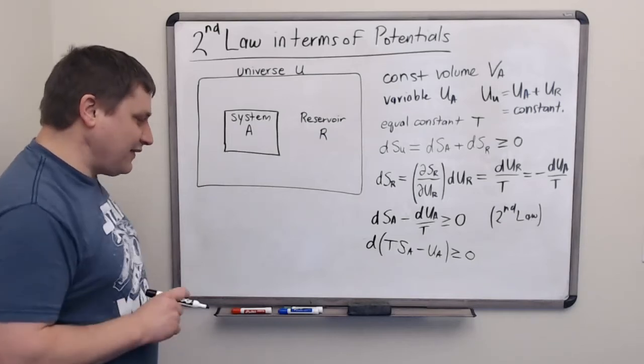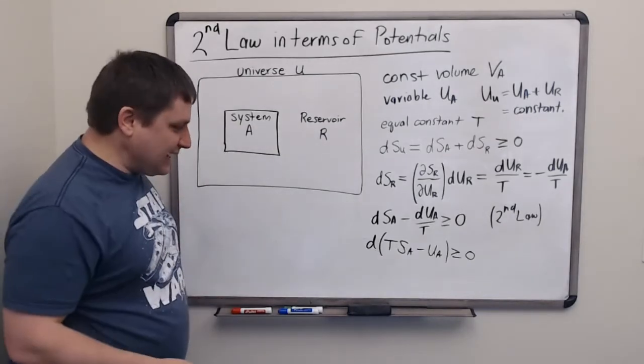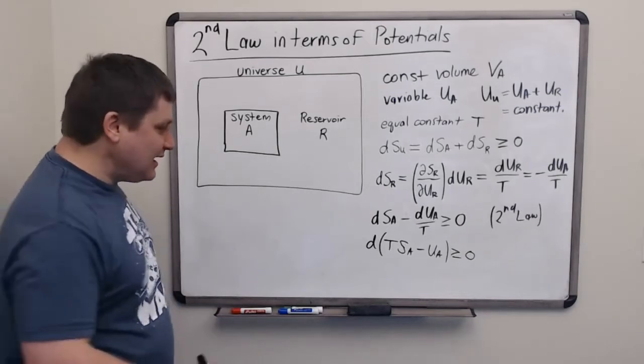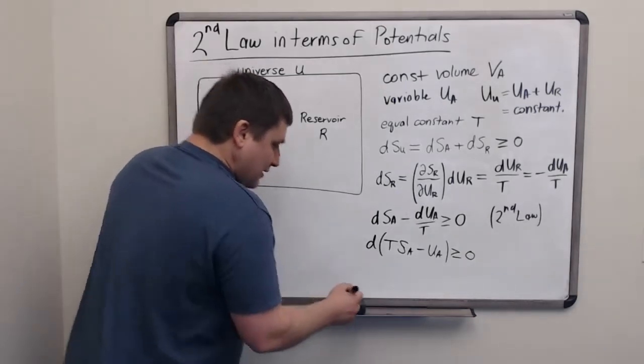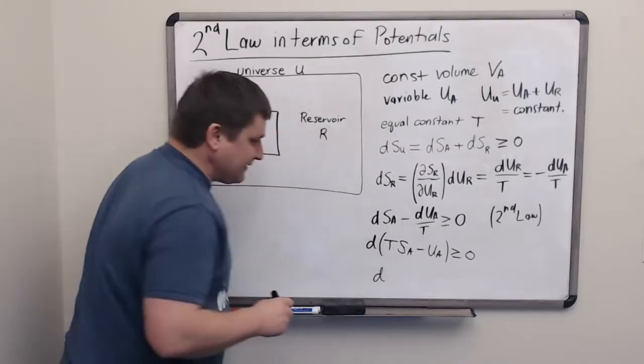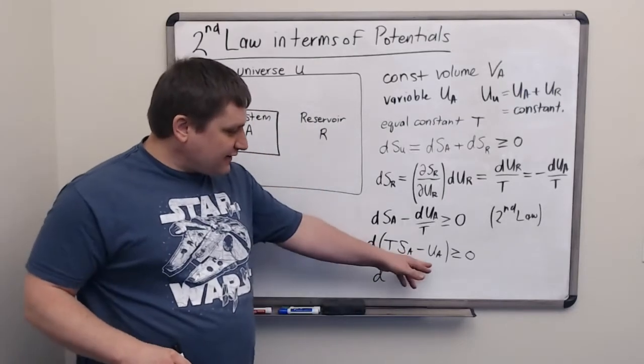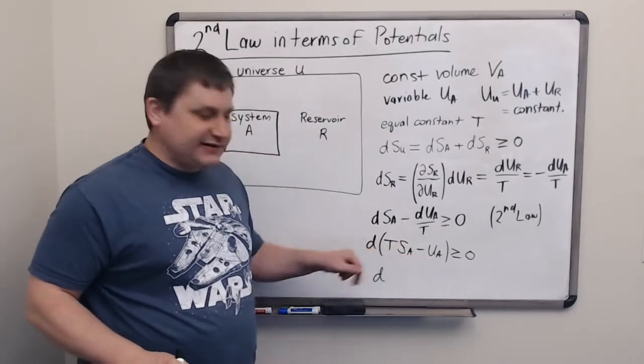Okay, so that's another way to say the second law, but still maybe it's not so intuitive what this means. And our final step here is to realize that what's in the parentheses here is essentially the opposite of U minus TS.